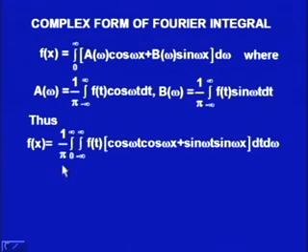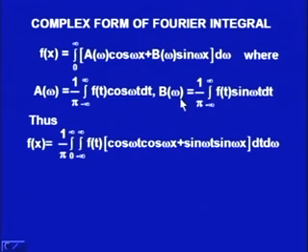So, f(x) we can write as 1 upon pi. Now, I am writing this a(omega) and b(omega) inside over here. So, this integral from 0 to infinity, with a(omega) I can write minus infinity to plus infinity f(t) cos omega t and then cos omega x.